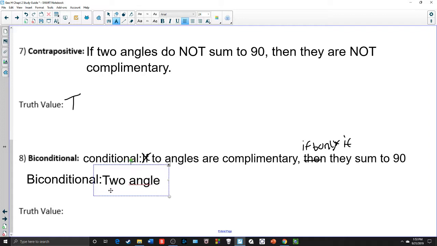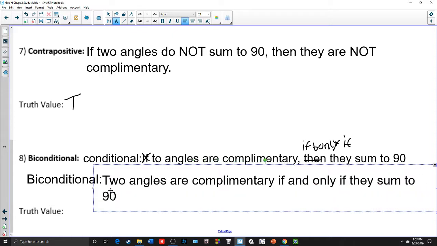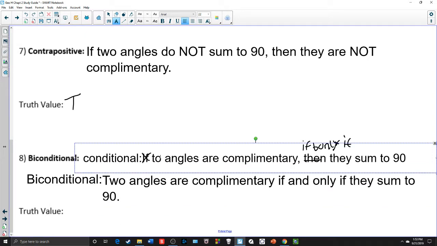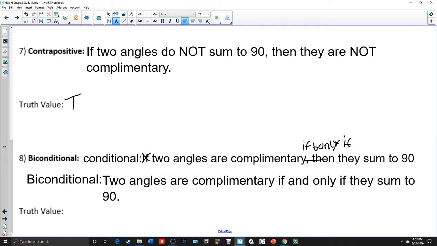Two angles are complementary, if, well, I need a comma, if and only if they sum to 90. And that should be two angles there, not TO, TW. So again, the biconditional is simply the original statement, which is this here, but you drop the if, you scratch the then, and you replace it with an if and only if.